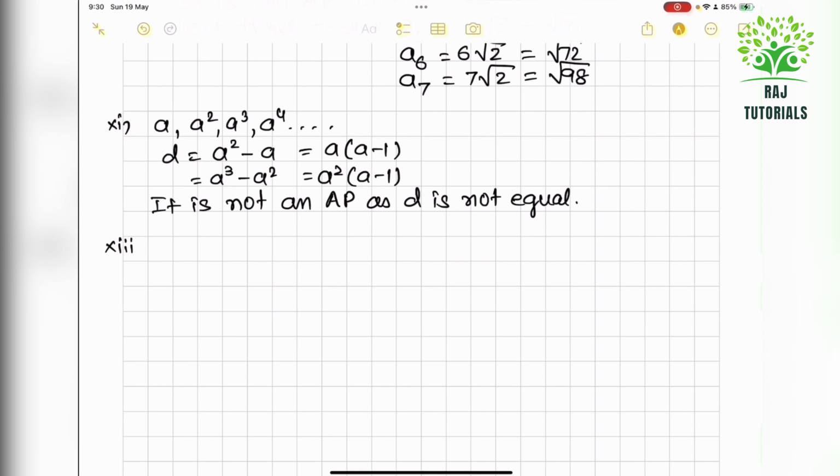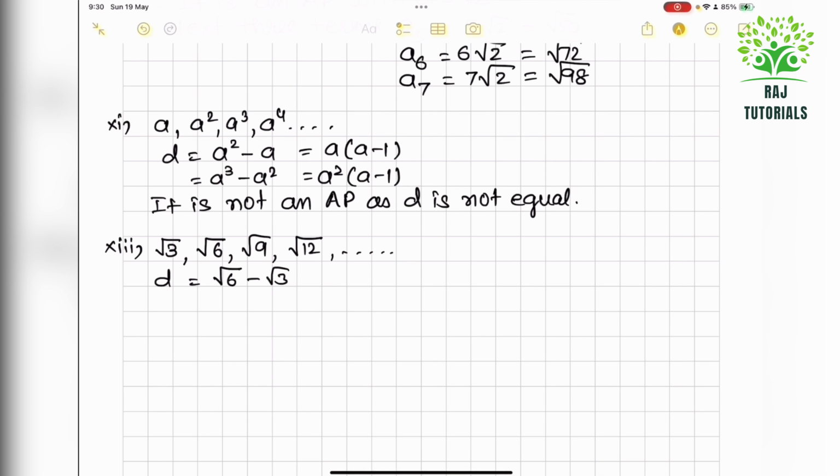Then 13th one, it says root 3, root 6, root 9, root 12, and so on. So D will be root 6 minus root 3. Can I write it like this? Root 3 into root 2 minus root 3. If I take root 3 common, so root 2 minus root 1, that is 1.